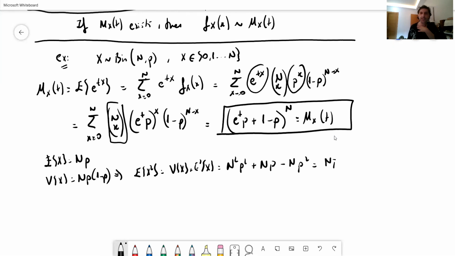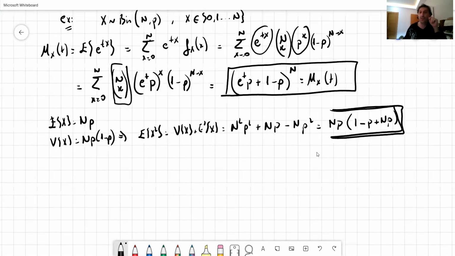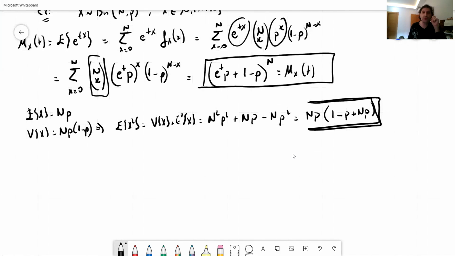Taking np as common factor, it's equal to np times (1 minus p plus np). So this is the result that we have. We know it just using our previous knowledge about the distributions. In the distribution domain, using the properties of the distributions, we can find the expected value and the first and the second moment of x.